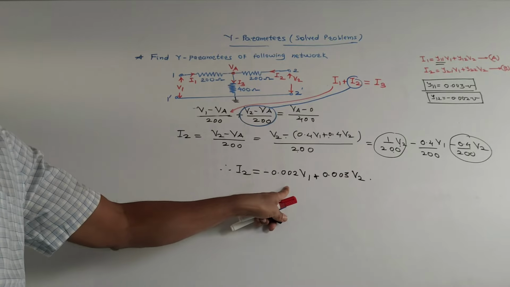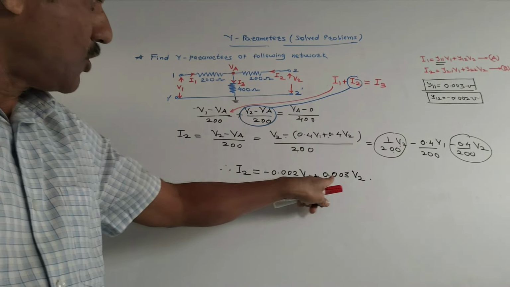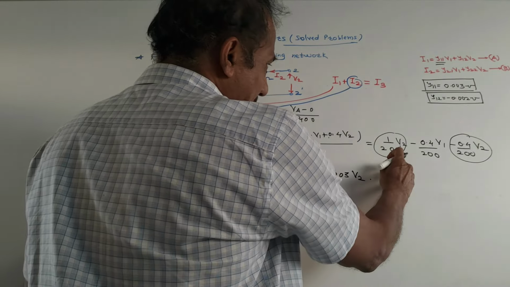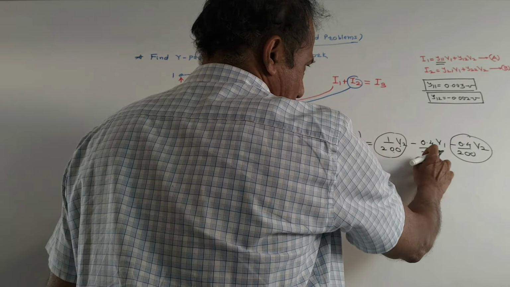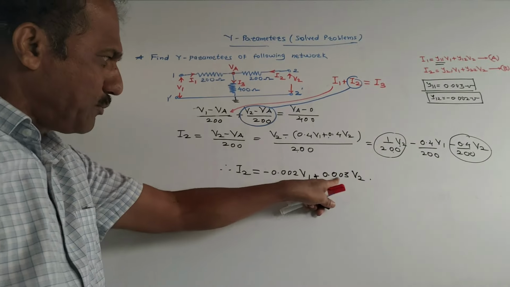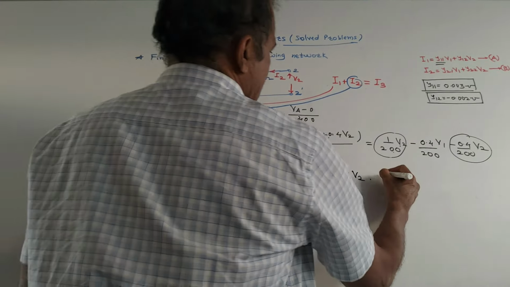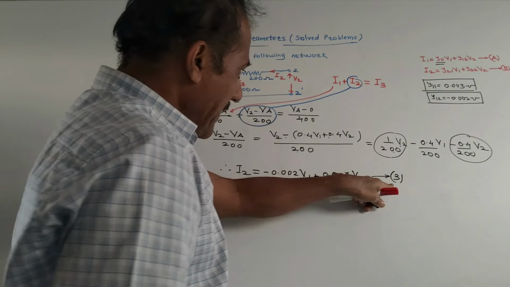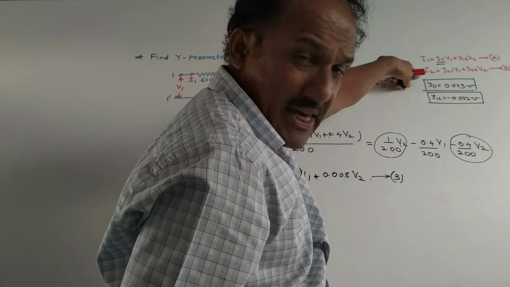This is the equation of I2 in terms of V1 and V2. So this I got after solving these two. So it is 1 minus 0.6 upon 200. So the final answer is 0.003 V2. Say equation number 3.